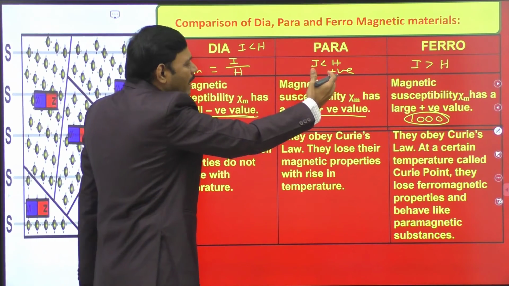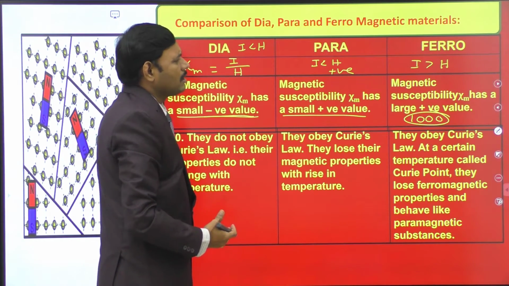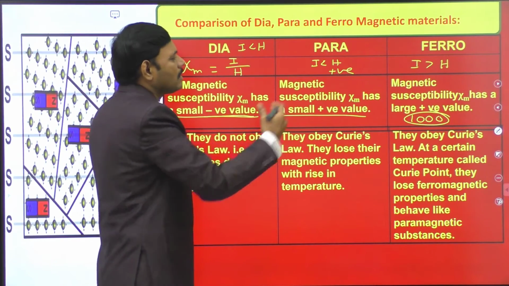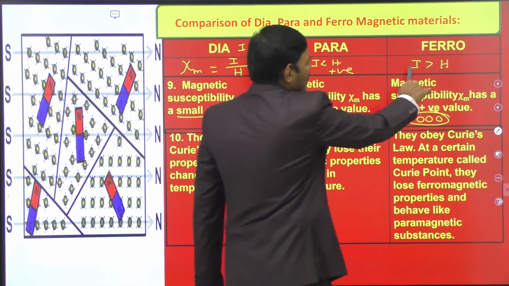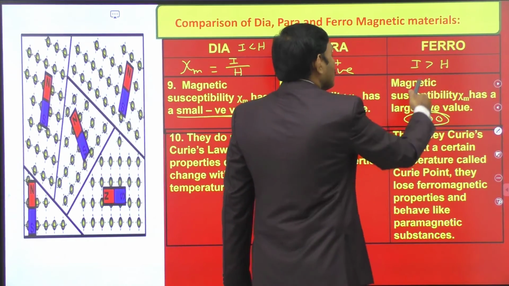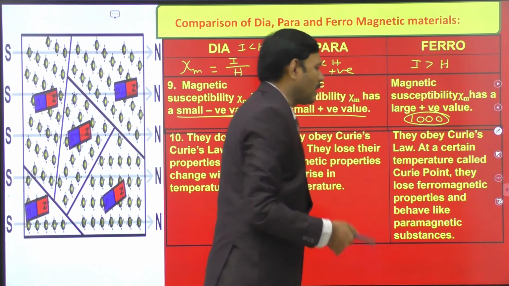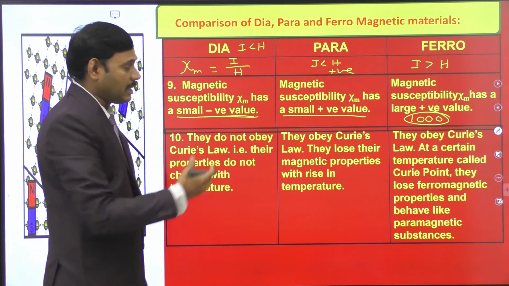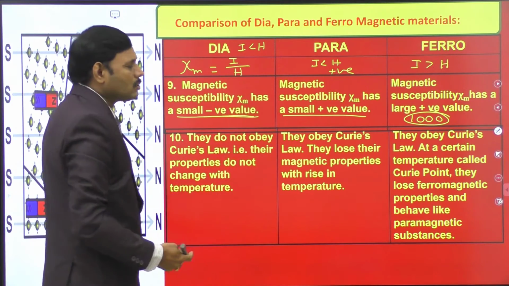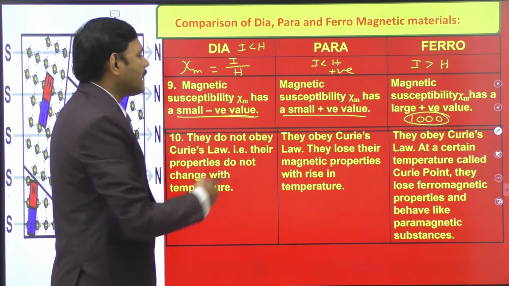In ferromagnetism, the induced intensity of magnetization is much more than the applied magnetizing field. I is approximately 1000 times more than the H value for iron, cobalt, nickel. So we get a susceptibility value also in the order of 1000.